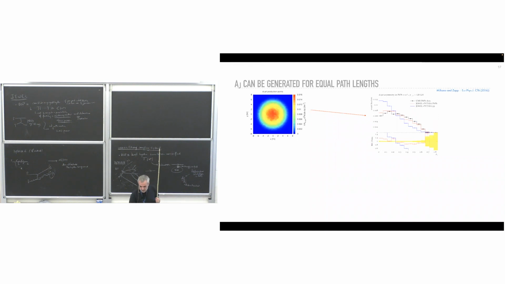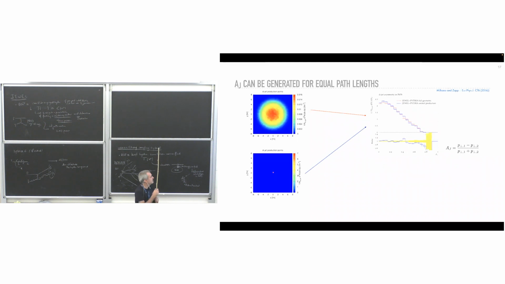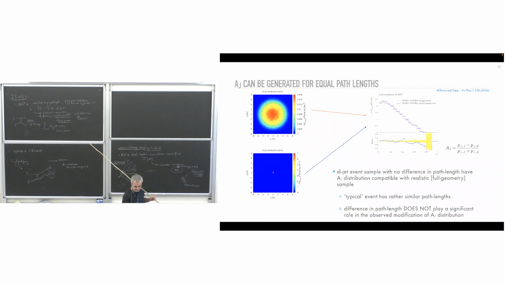Let's see what that gives. Full geometry is the red line. All jets produced in the same 0, 0 coordinate in a circular geometry will give something that is a bit similar. So there's something that we were interpreting wrong in the observable.